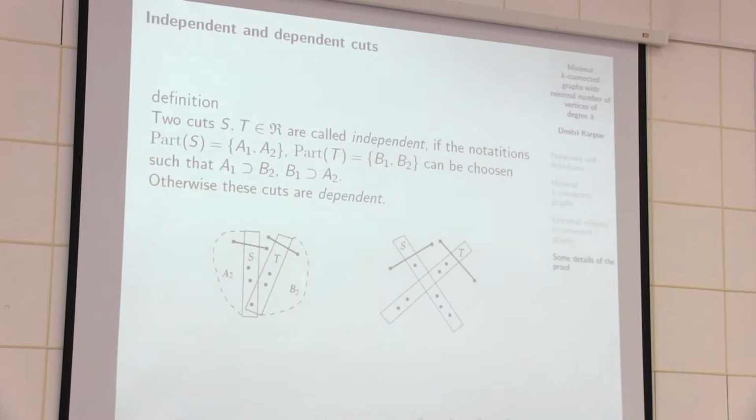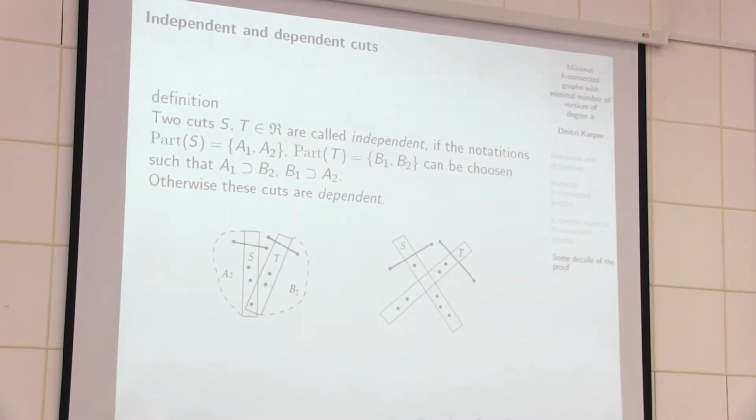See this picture, it is more interesting than the definition. And here we show dependent cuts that cut each other, and independent cuts do not cut each other. If the cuts are independent, then their structure can be indicated by a tree. It is very convenient to work with a tree structure. And if they are dependent, that cannot be indicated by a tree.